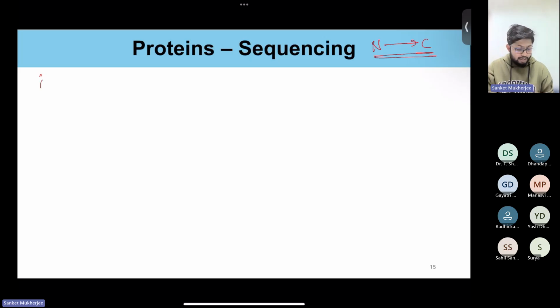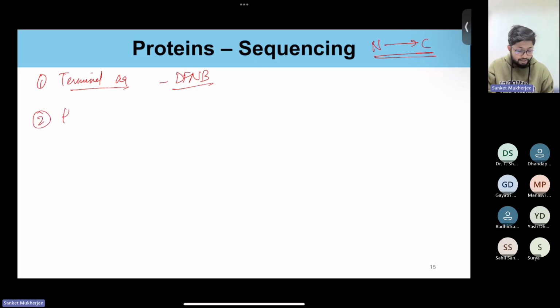For this we use something called DFNB, which is 1-fluoro-2,4-dinitrobenzene, and it will label the terminal amino acid, especially at the N end, in the amine group. So dinitrofluorobenzene reacts with the amine group to form a dinitrophenyl amino acid complex. So this is what is used.